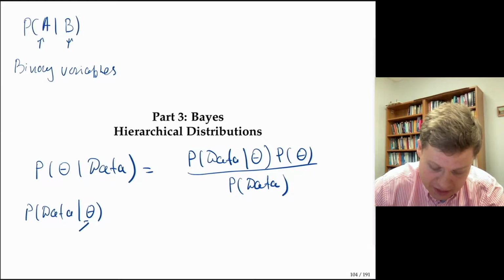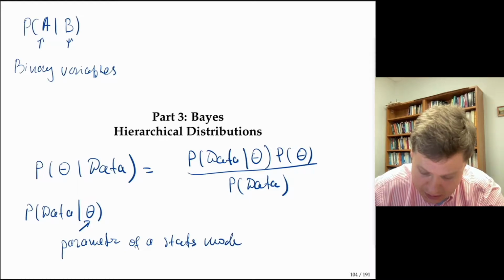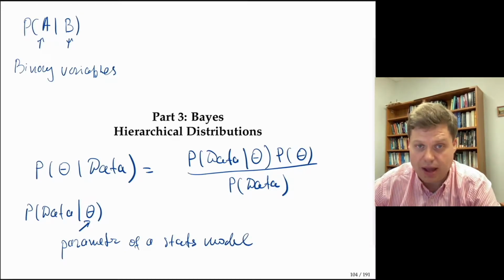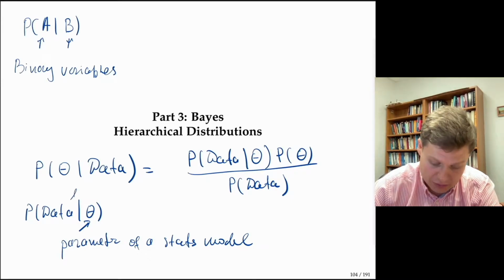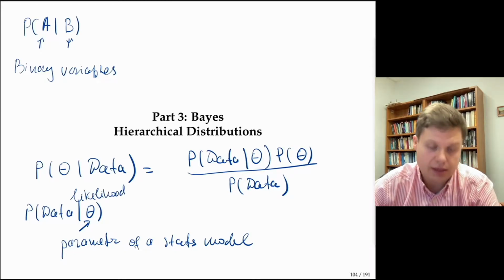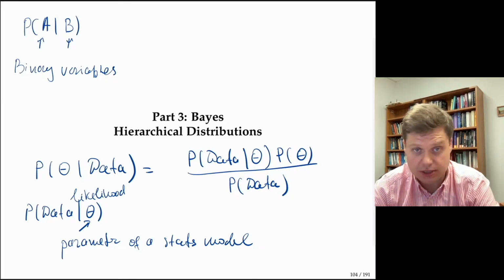Here theta is some parameter of a statistical model. And this statistical model is identified by two parts. The first part is the likelihood, which is the same likelihood as you saw in your introductory statistics course.